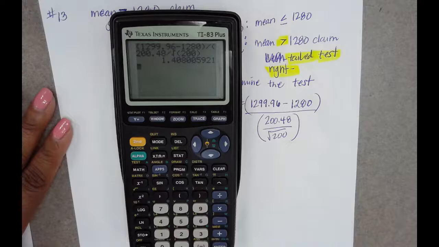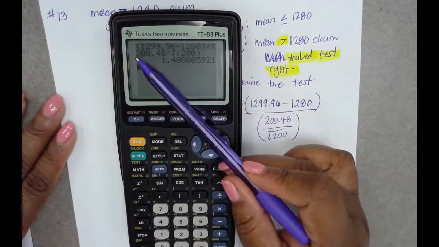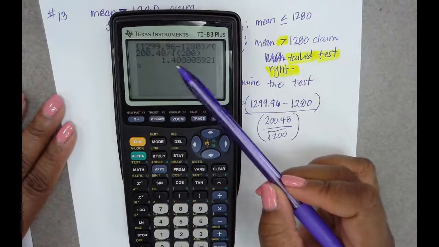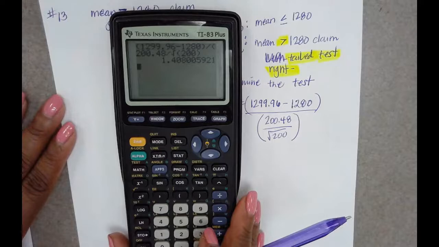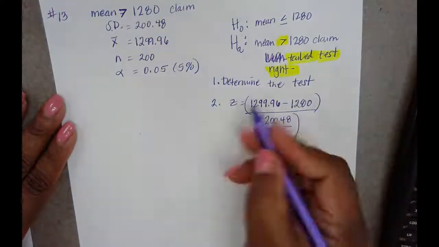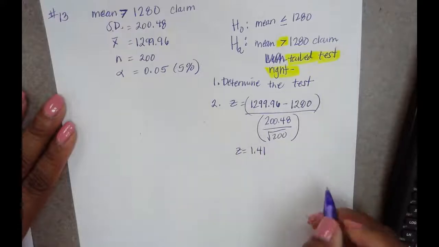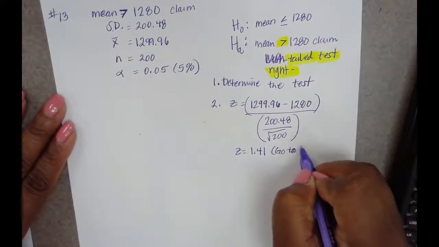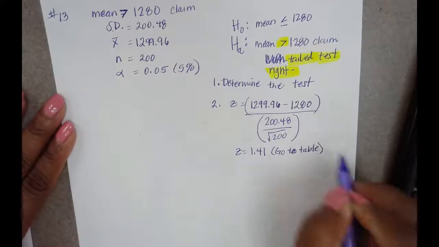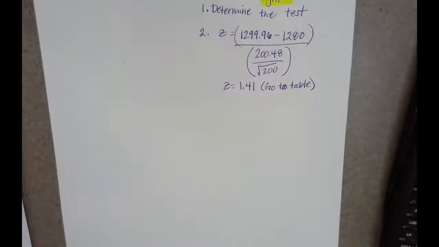Alright, and we get this, and we're going to round this to two numbers after the decimal. So 1.41. So Z equals 1.41. Now go to the table. And we're looking for 1.41 in our table. Let me get mine.